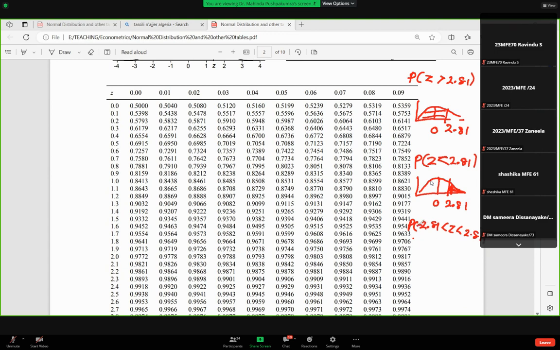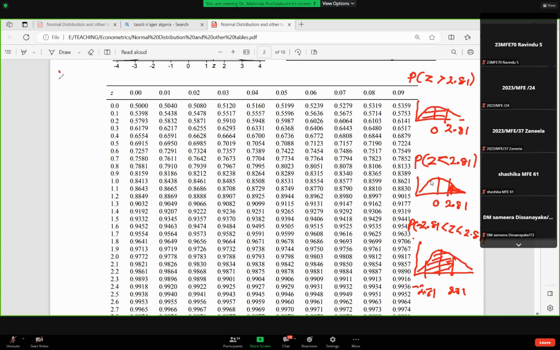This is minus 2.81. Greater than minus 2.81, less than plus 2.81. Then you will have to draw the diagram. This is minus 2.81. This is plus 2.81. Then what is the probability in this area? Please try to find the answer.